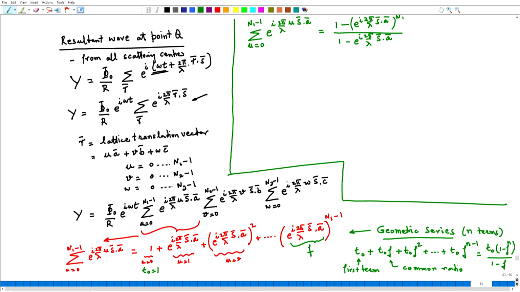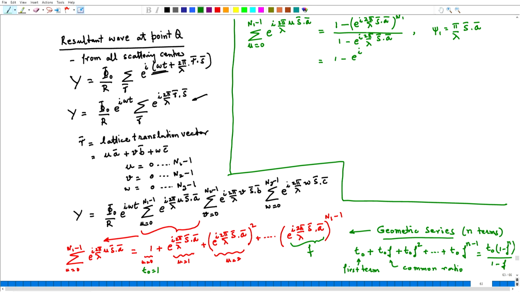Let me abbreviate this and write it in the following form. Let me define a parameter psi 1, where psi 1 is defined as pi upon lambda s dot a. Hence, this could be written as 1 minus e to power i.